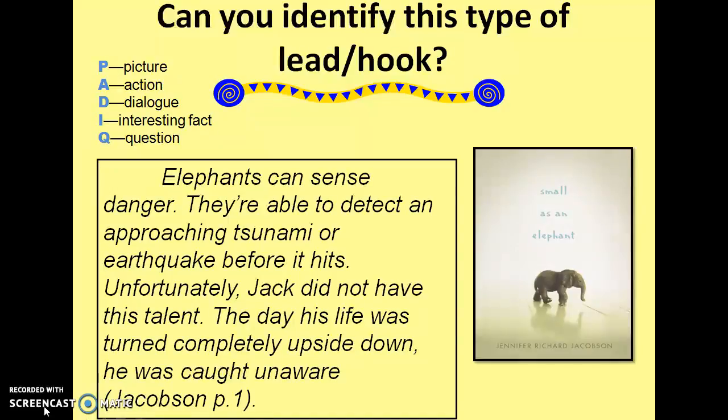Which one do you think it is? Did you get I for interesting fact? Elephants can sense danger. That's definitely unusual. They're able to detect an approaching tsunami or earthquake before it hits. This is definitely an interesting fact.